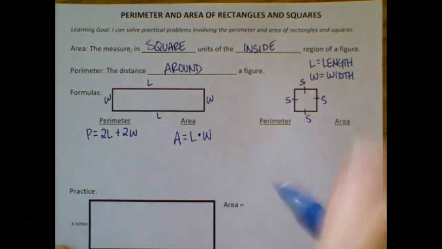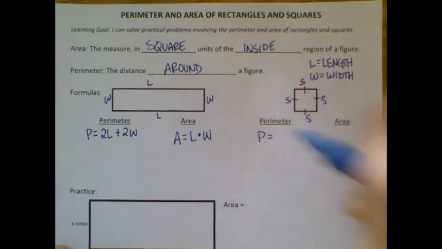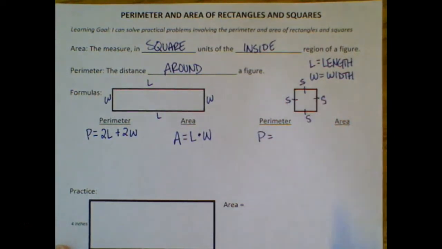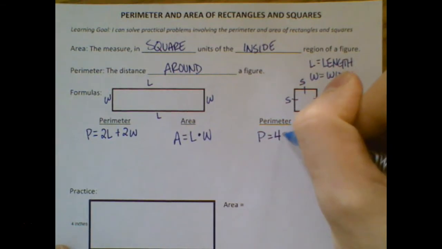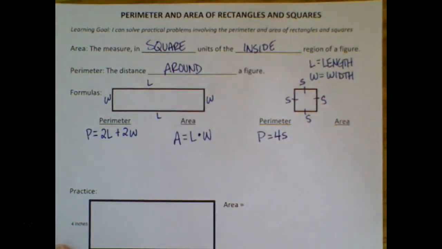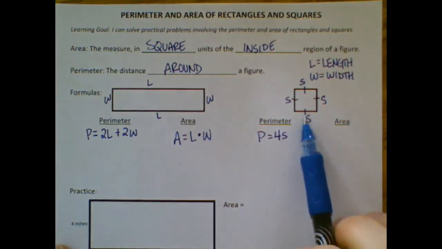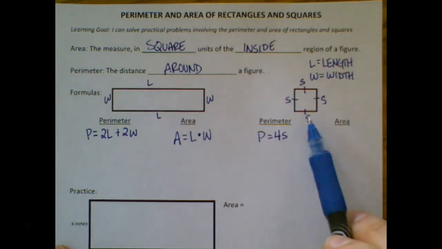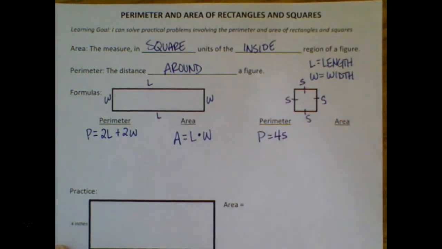So when we talk perimeter, you're really just adding up all the sides as you go around. So 1, 2, 3, 4 of them. P equals 4S, 4 times the side. Okay, call this 2. 2 plus 2 is 4, plus 2 is 6, plus 2 is 8, or simply 2 times 4, 8.